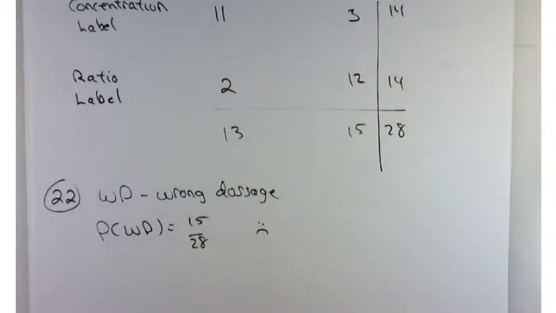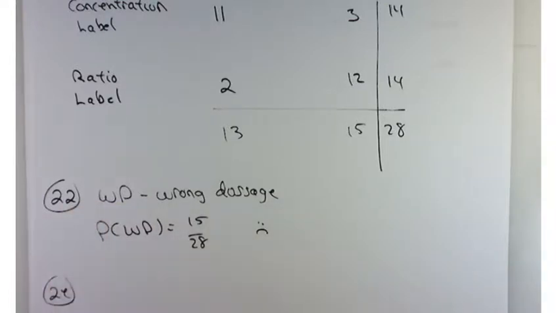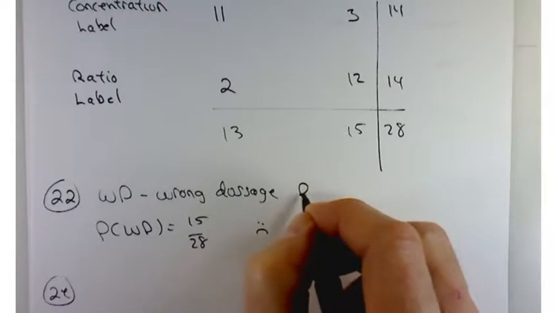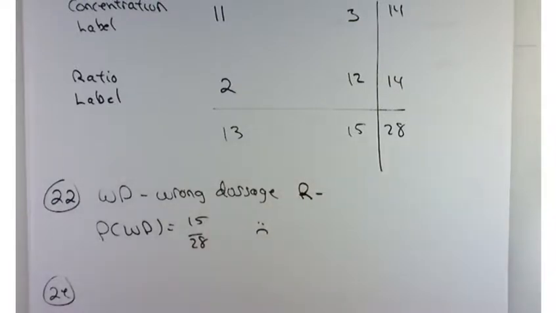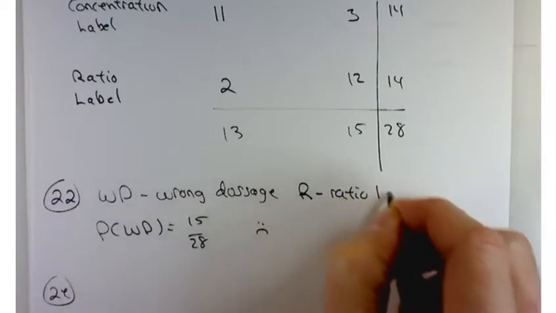But let's move to the part of the problem that I want to discuss the most, which is problem number 24. I let WD represent the wrong dosage. Let's let R represent the event that somebody selected at random is somebody who got the ratio label.